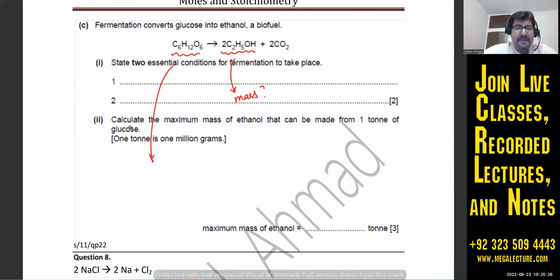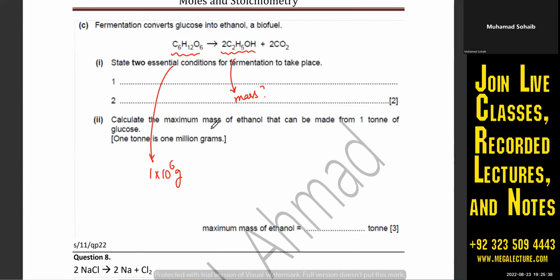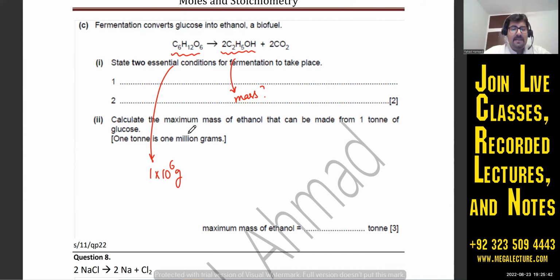What information did he give about glucose? He's told us that it's 1 ton of glucose. That's 1 million grams. How much is 1 million? That's 1 times 10 to the power 6 grams. Remember this, million is 6 zeros, right? Okay, so 1 million grams.